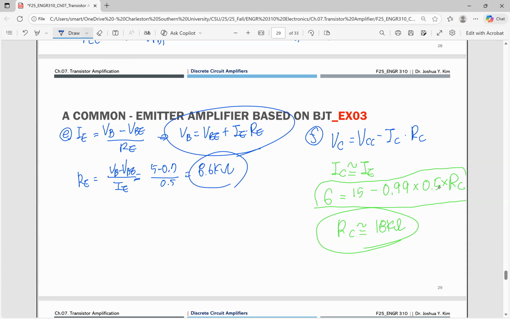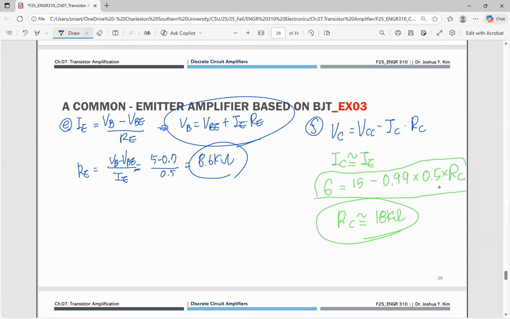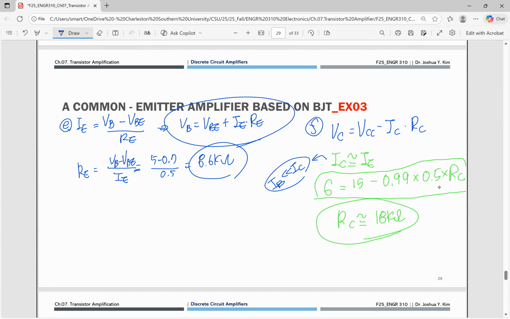So maybe again, I sub B is very small compared to I sub C, due to beta being very large, so we can approximate it.